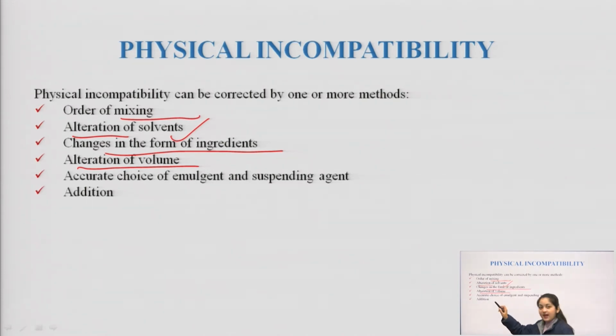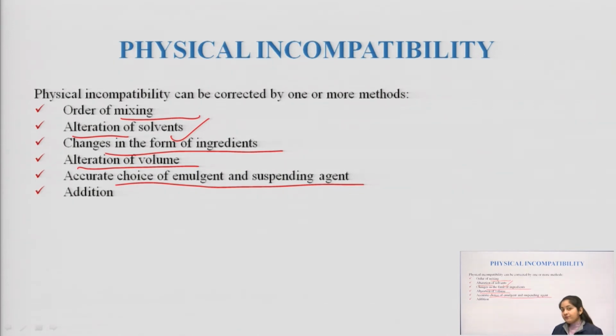Now, let us understand another concept through which physical incompatibility can be avoided or lowered: accurate choice of emulgent and suspending agent. Here, we know that suspension is formed when insoluble solids are suspended in a particular solvent, and whenever the solids are insoluble in a solvent, we add a suitable suspending agent or emulgent in order to stabilize the formulation.